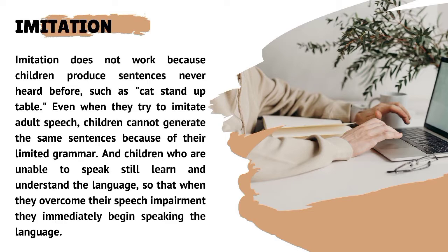Even when they try to imitate adult speech, children cannot generate the same sentences because of their limited grammar. And children who are unable to speak still learn and understand the language, so that when they overcome their speech impairment, they immediately begin speaking the language.